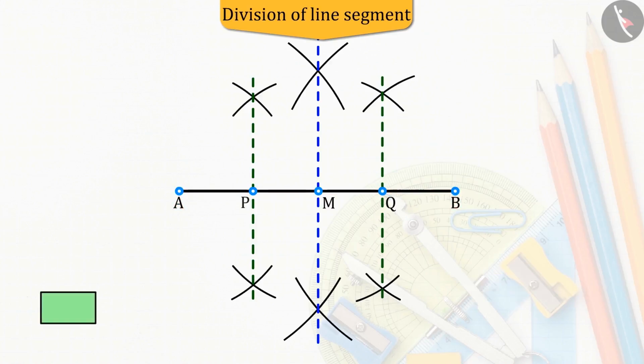Now, if we want to divide the line segment into 5:3, what do we have to do? What do you understand by dividing the line into 5:3? This means that we have to divide this line into 8 equal parts.